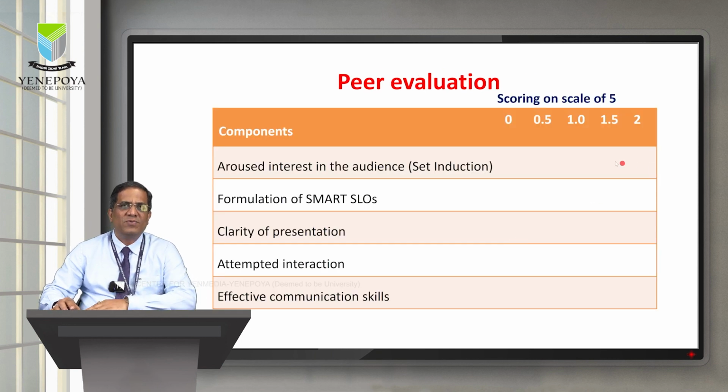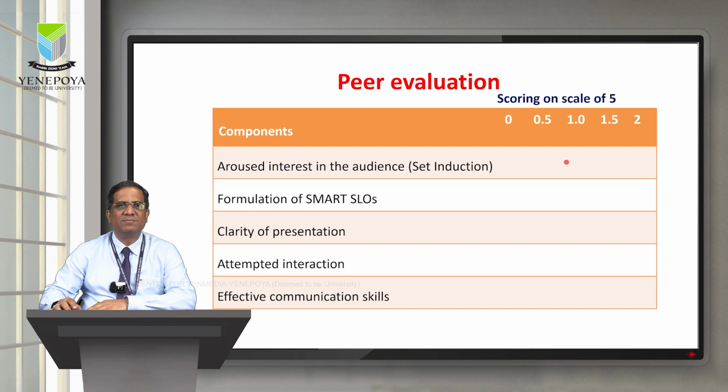Now, if your friends or peers are evaluating on a scale of 5, there are certain checklists they can use. See whether the presenter arouses interest in the audience, that is, set induction is done. Whether the specific learning objectives are SMART: specific, measurable, attainable, relevant and time bound. Is there clarity in presentation?